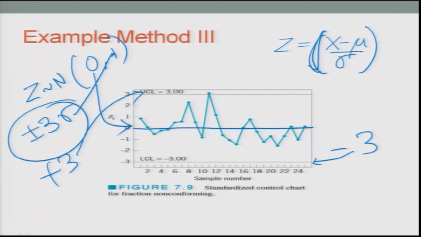Any further calculations to highlight why those values are central line, upper control, lower control would be rudimentary, because we already converted that distribution using the standard normal concept to a standard normal deviate and drew the charts accordingly.